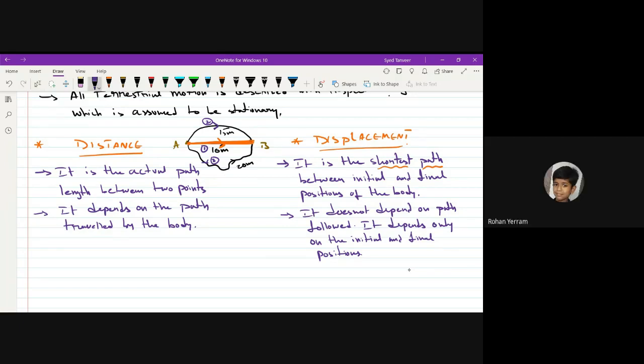It has to be motion that's compulsory. If a body does not move, then there is no meaning in distance and displacement. If a body is at rest, you have got nothing to study about it. You'll get something to study about the body only when it is moving. Okay, sir.